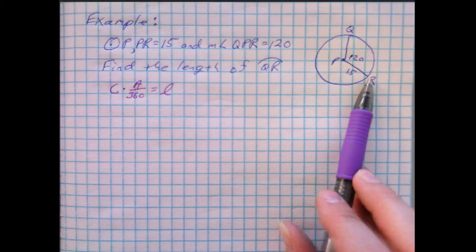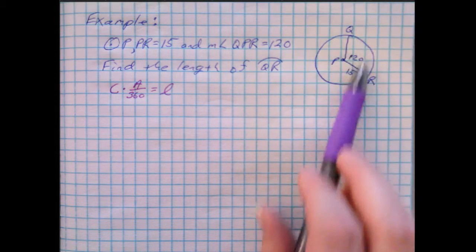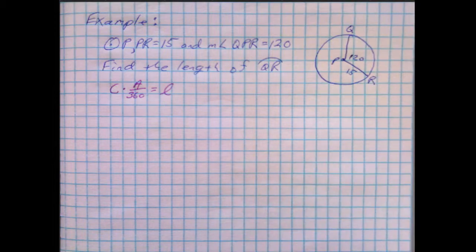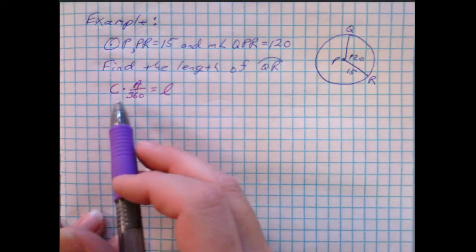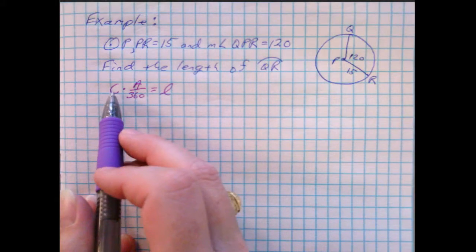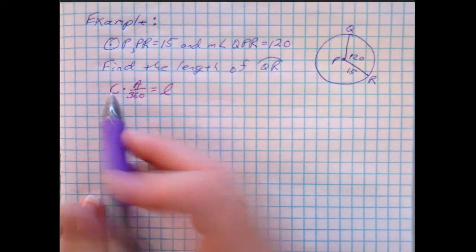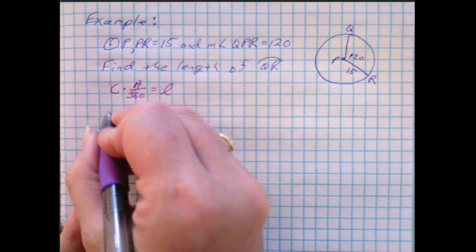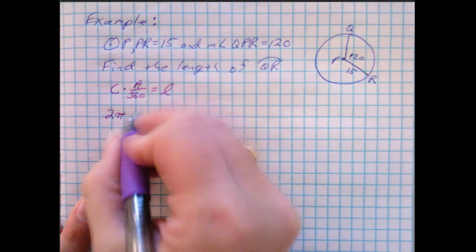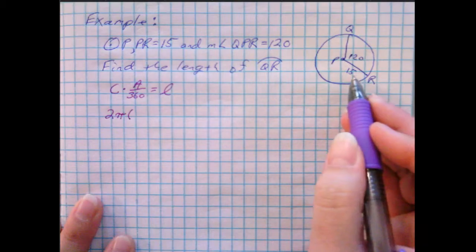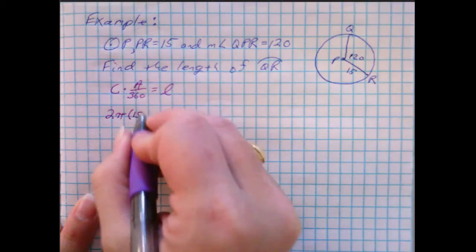We're going to find the length of QR. QR is that arc there. In order to do this, we're just going to plug in some information to our equation. For circumference, since I know radius, I'm going to use 2 pi. My radius is 15, so I'm going to plug that in there.